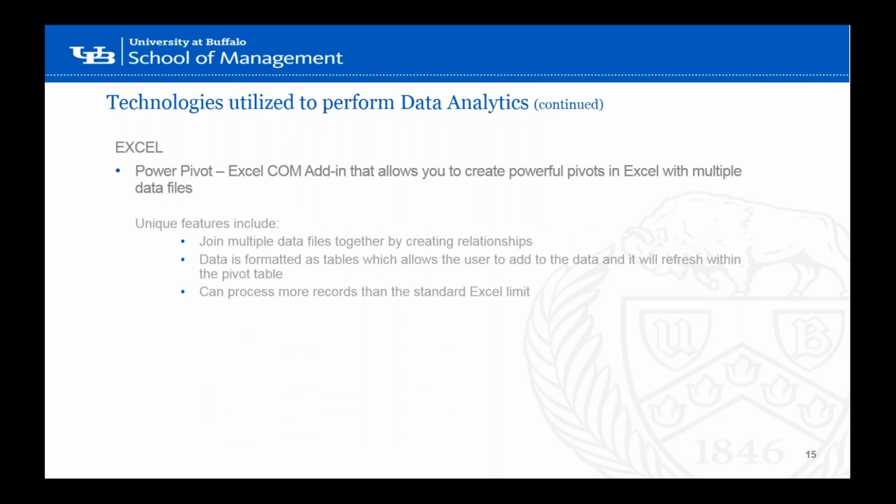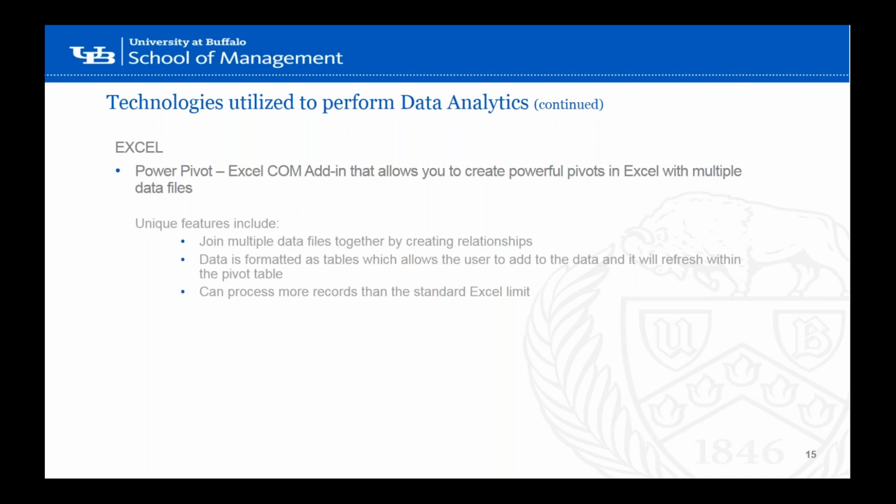Also, there's another Excel COM add-in called Power Pivot, which allows you to basically create more powerful pivot tables. And I guess the primary difference is you can pull in multiple data files. The data files are pulled in as tables. What's nice about that is it allows you to add data to the source file, and it automatically will update and pull into the pivot table.